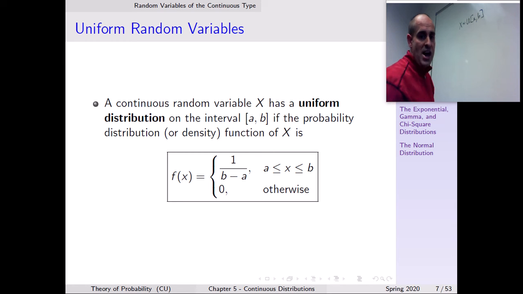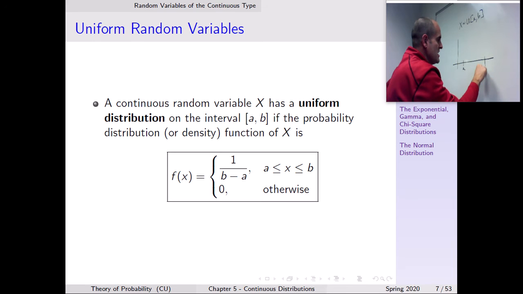Okay, so what does the graph of this uniform distribution look like? Well, it looks like this. Like here's A and here's B. That thing says it's equal to 0 anywhere outside of that interval.